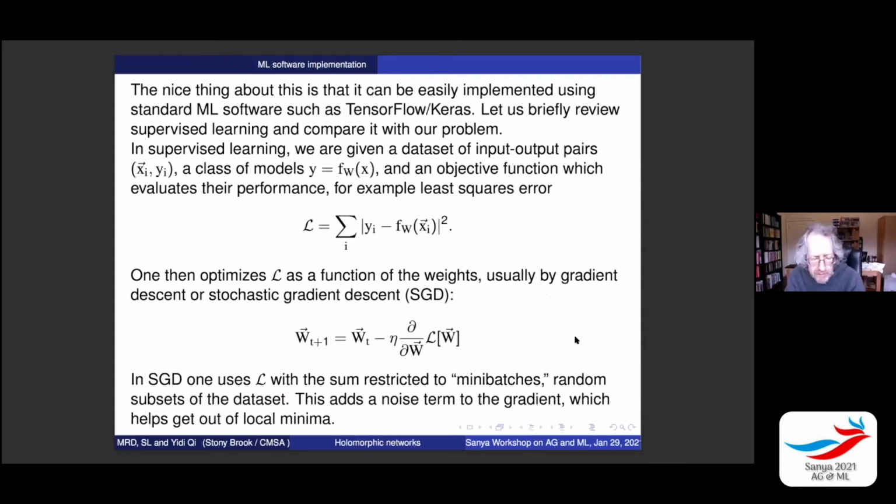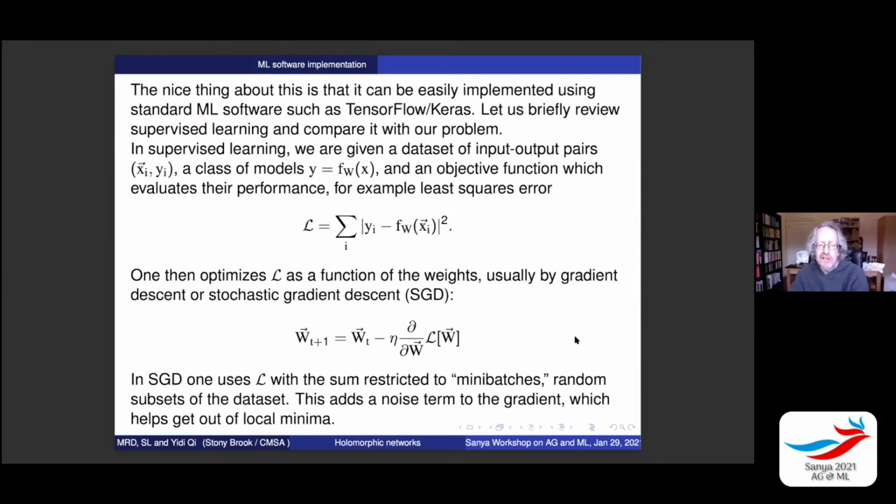So from a practical point of view, a great advantage of this is that this is very close to a standard supervised learning problem. And so really you can implement it in, we do use TensorFlow, Keras, but any of the standard machine learning packages with relatively little work.